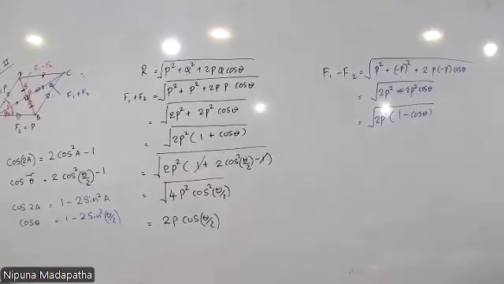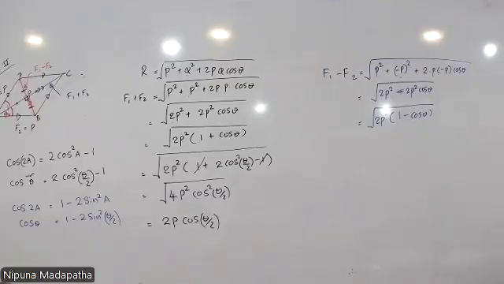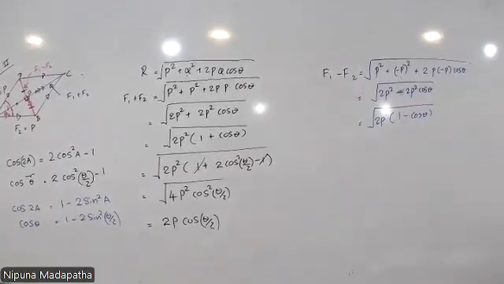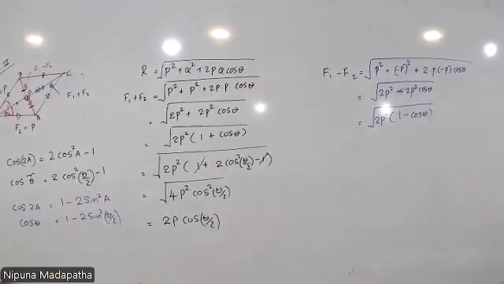Did you copy the sin a plus b expression, sin a cos b plus cos a sin b? Those things. You may miss it, so take them from the start.